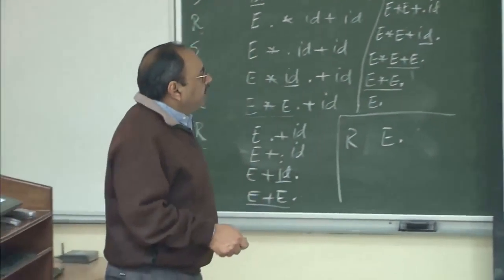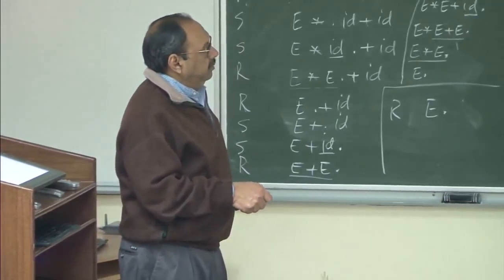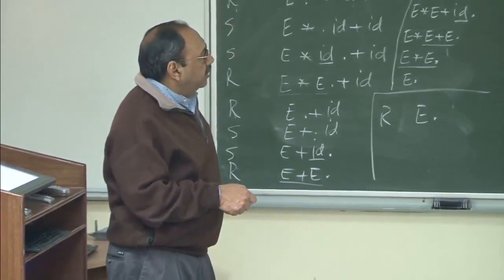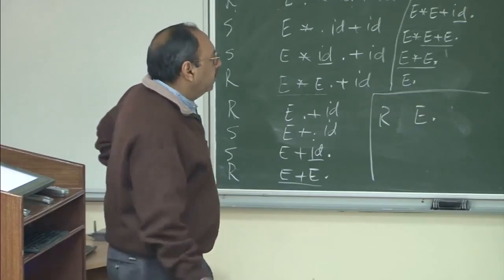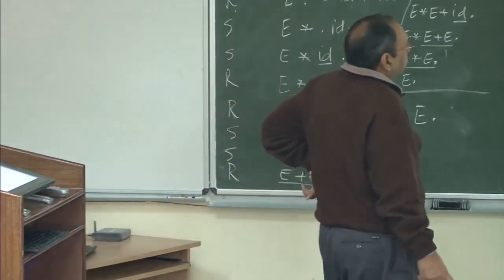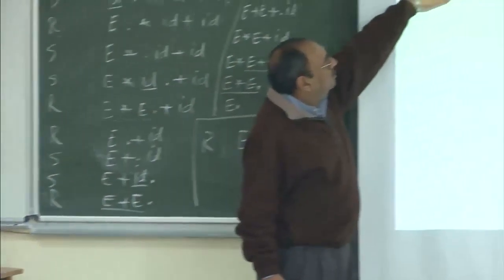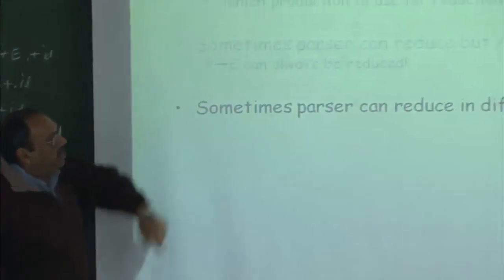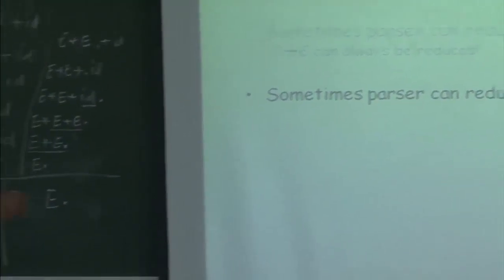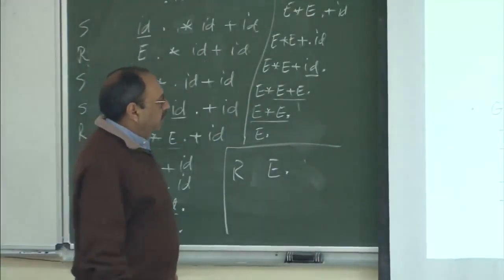So sometimes I can have a reduction which says X goes to epsilon, which can always be done, but we don't want to do that. So this question needs to be answered very clearly, and sometimes the parser can reduce in different ways, like here.